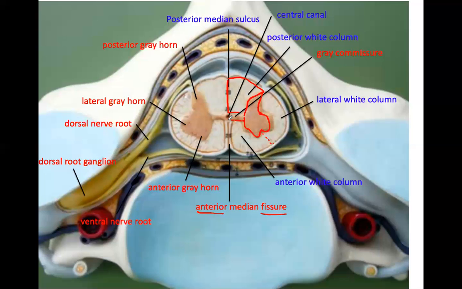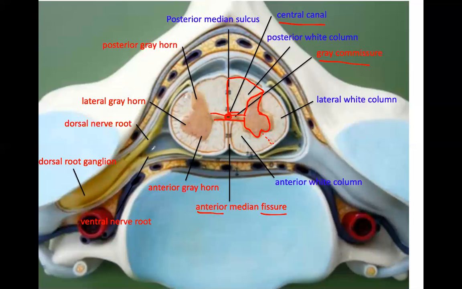The extension that bridges between these two halves is referred to as the gray commissure. And right at the center of your gray commissure, you have an opening, where the cerebrospinal fluid passes through. We already identified that as your central canal in our earlier slide.